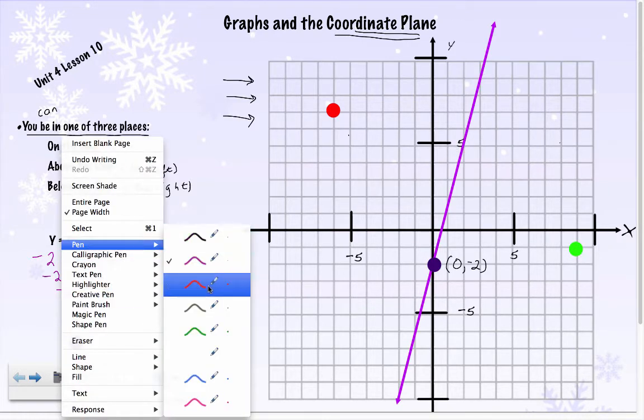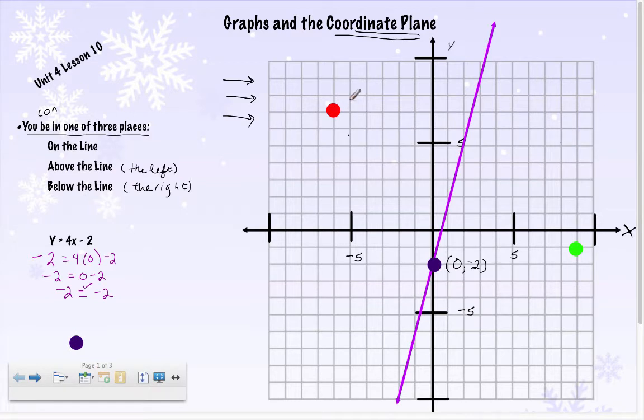Now let's see what happens when we put this red coordinate into our equation. So that is the coordinate (-6, 7). So into this, the y value is 7. The x value is -6. -24 minus 2 is -26, and voila, you can see that the red dot does not return a true statement, so the red dot obviously is not on the line.